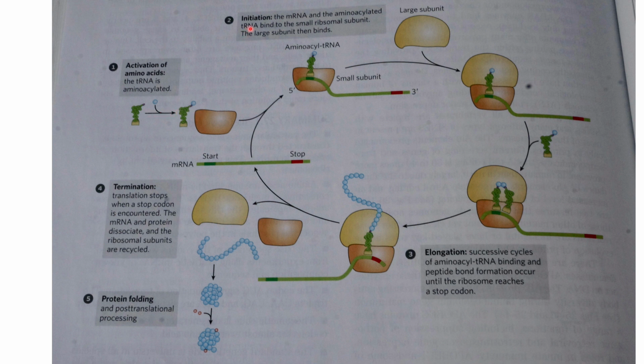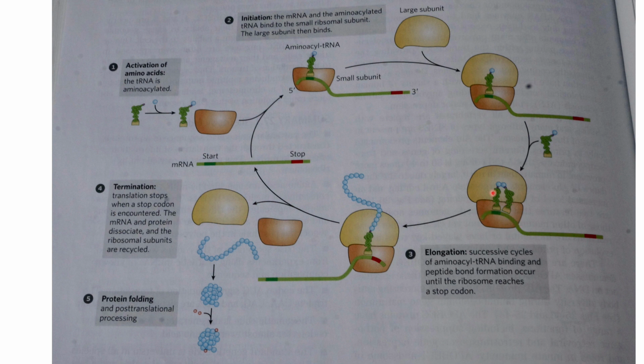The messenger RNA in the 2nd step is initiation, so messenger RNA shown here, and the amino acylated tRNA bind to a small ribosomal subunit, and then the large subunit binds. So you have an enveloping situation. This is an energy efficient process. The elongation, the successive movement of this protein complex along this messenger RNA strand is occurring.